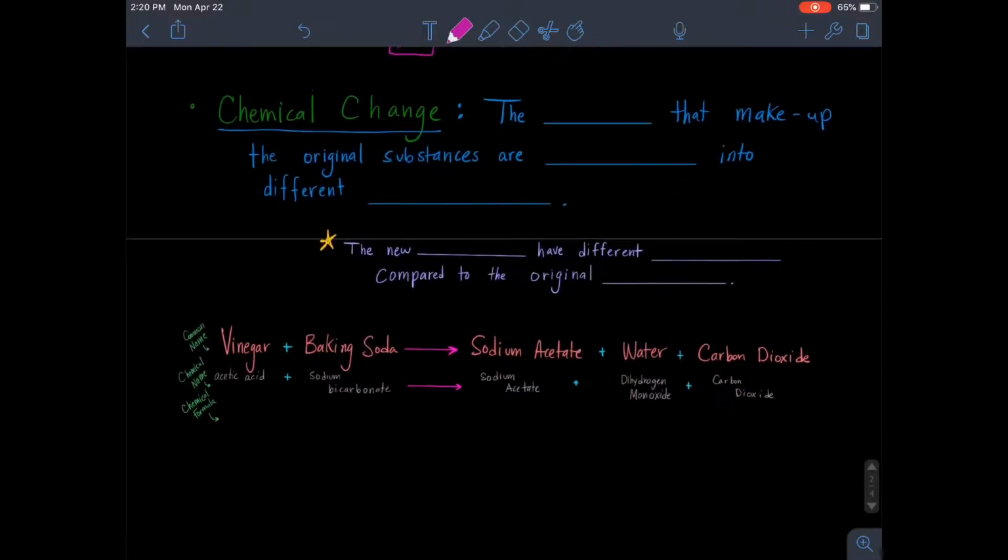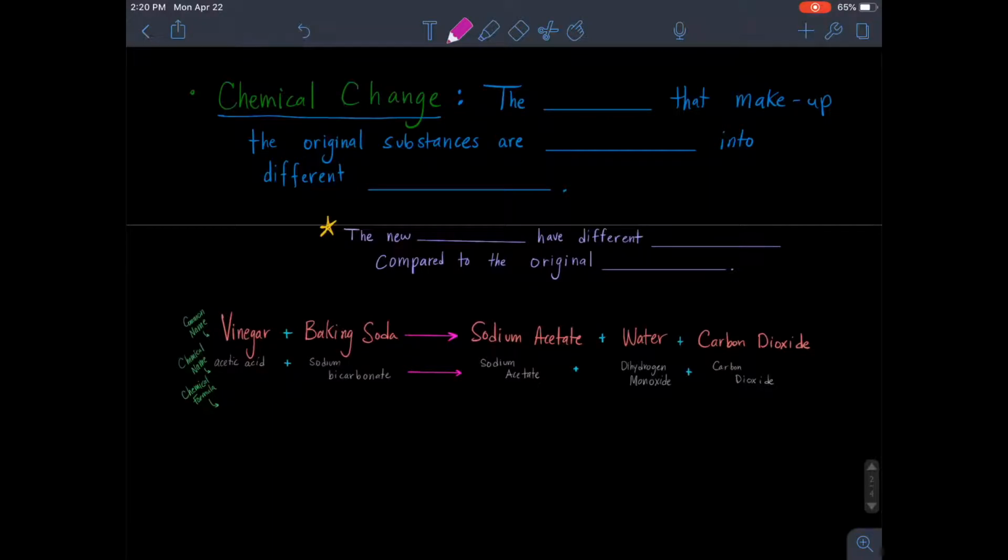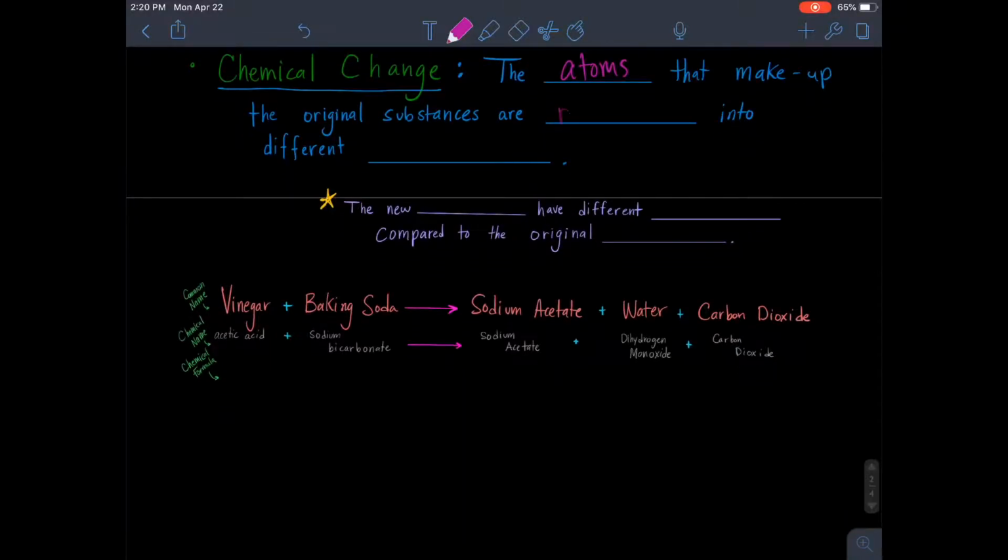So how is a chemical change different? Good question. The atoms that make up the original substances are now regrouped into different molecules. Okay, so I've kind of previewed this a little bit, but you can imagine that the atoms that make up the original substance are regrouped into different molecules.